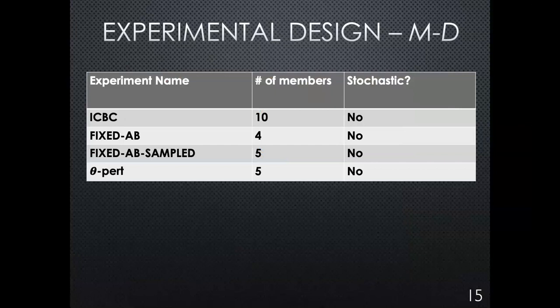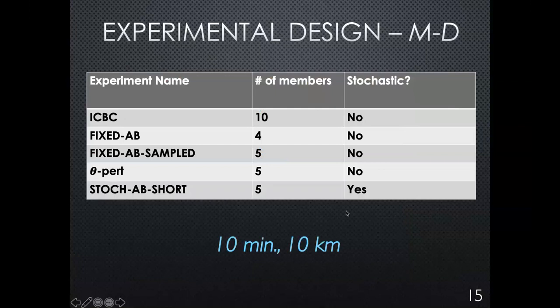As I mentioned, we'll include a white noise ensemble, which just initializes the model with small grid scale noise perturbations to the thermodynamics. And finally, we're going to include 3 stochastic ensembles with 5 members in each and an increasing autocorrelation scale. So for stochastic short, we use a space and time autocorrelation scale of 10 minutes and 10 kilometers.